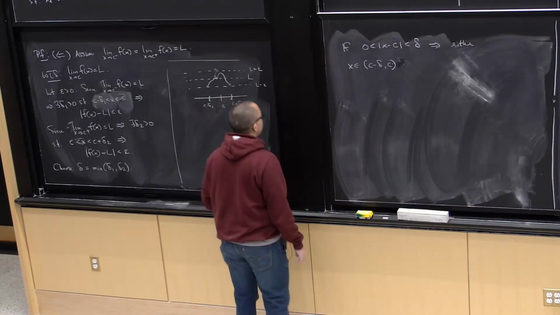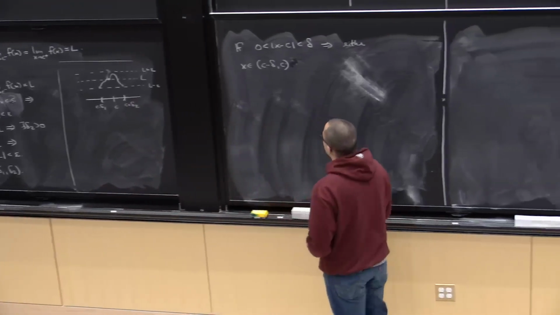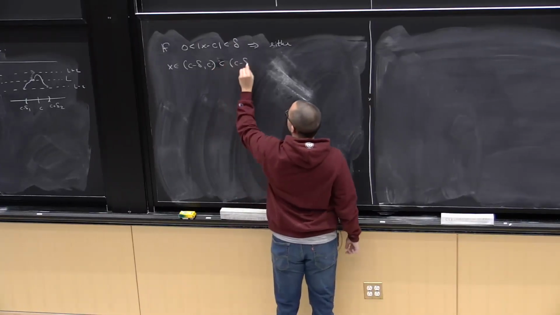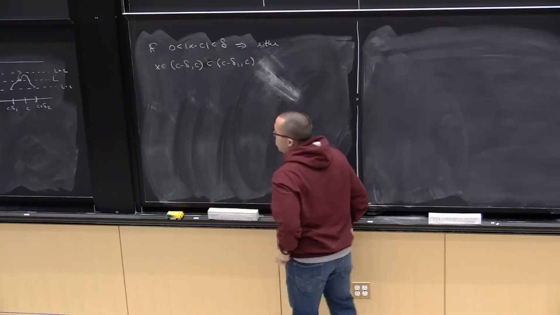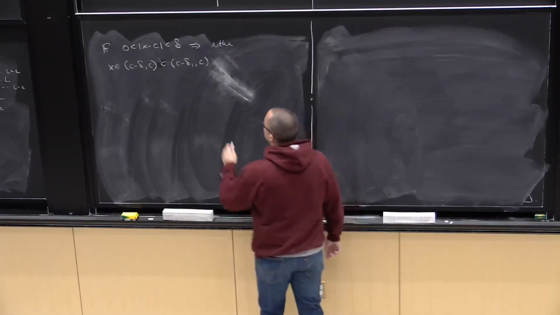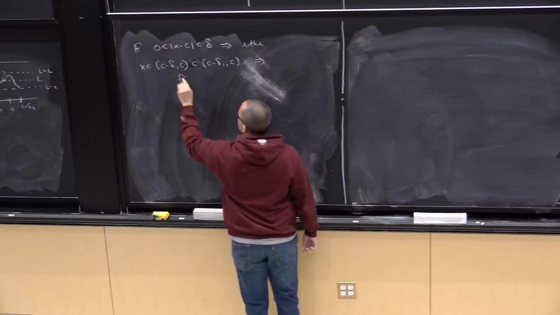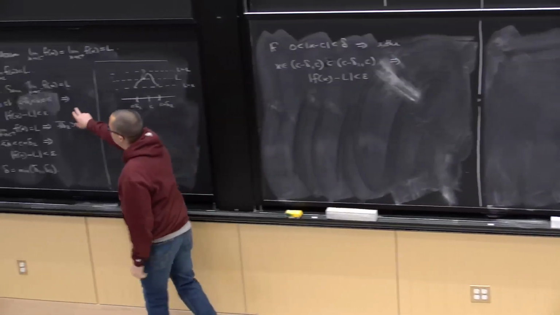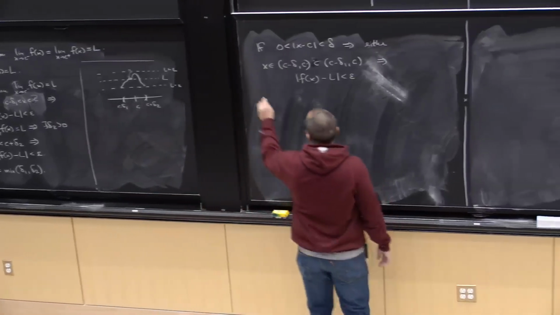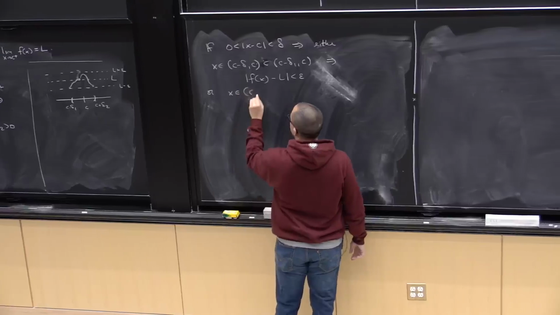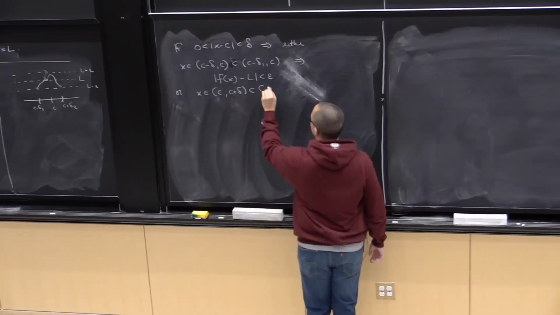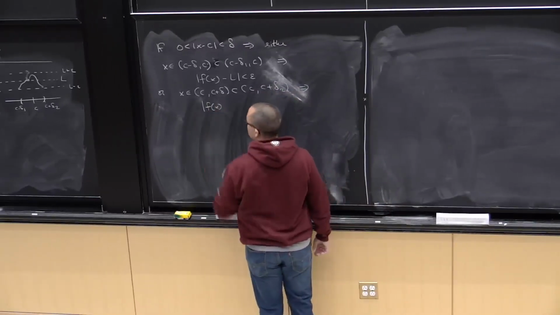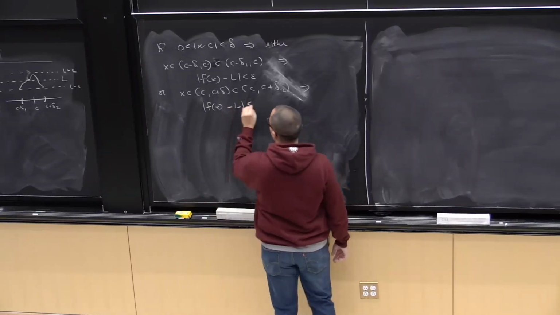So now I'm looking at this interval. Then two cases, either x is in C minus delta, C, which is a subset of C minus delta 1, C, since delta is the minimum of those two deltas, which implies by the first inequality here for delta 1, or x is in C, C plus delta, which is a subset of C, C plus delta 2, which by our choice of delta 2 gives us that.